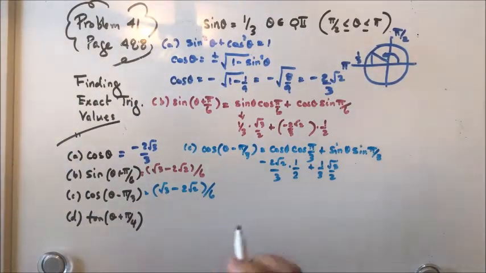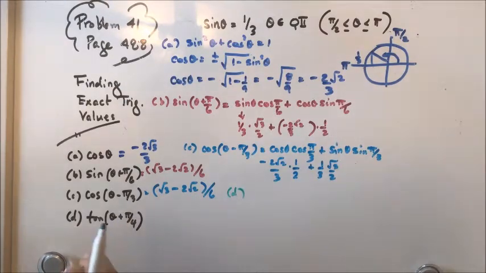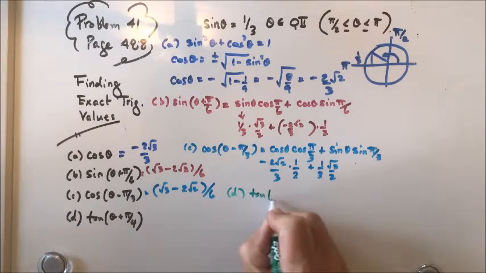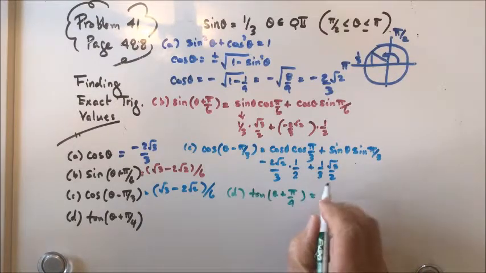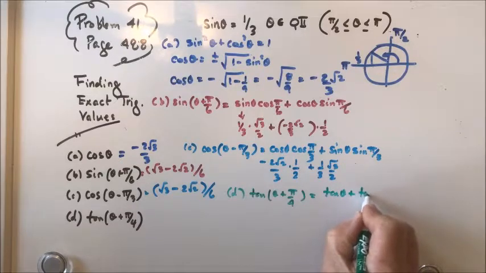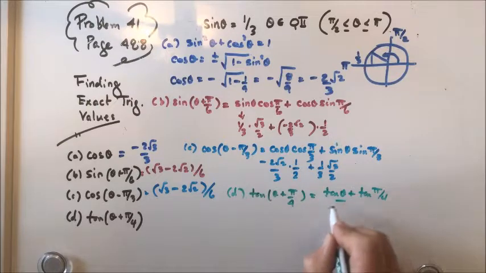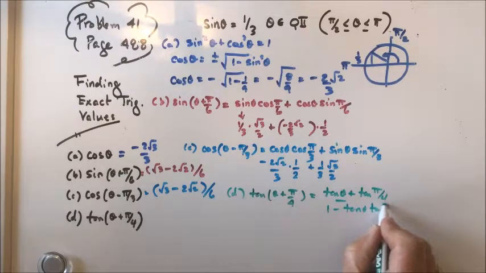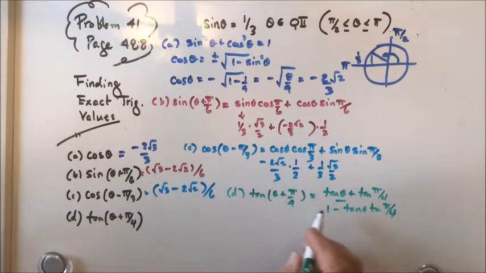Finally, tangent of theta plus pi over 4, go to the shelf. What the heck is the tangent of a plus b? The tangent of theta plus pi over 4 is tangent of theta plus the tangent of pi over 4 all over 1 minus tangent theta tangent pi over 4. We are given a little break here because the tangent of pi over 4 is 1.